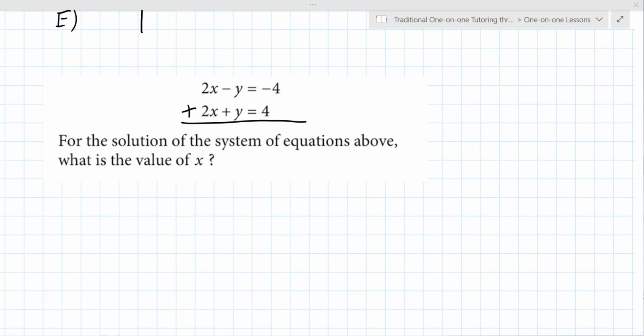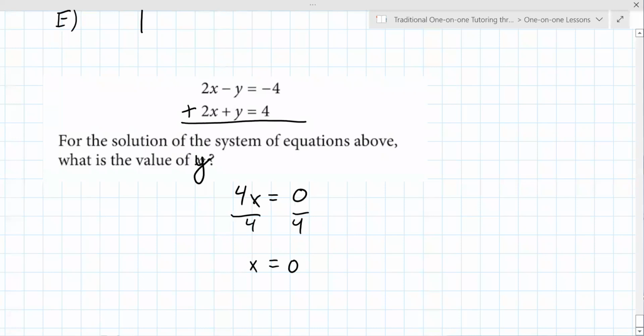4x equals 0. Okay, so what is the value of x when you divide by 4? 0. I want you to use that, and it doesn't matter which equation, but let's say it asks you to solve for y.